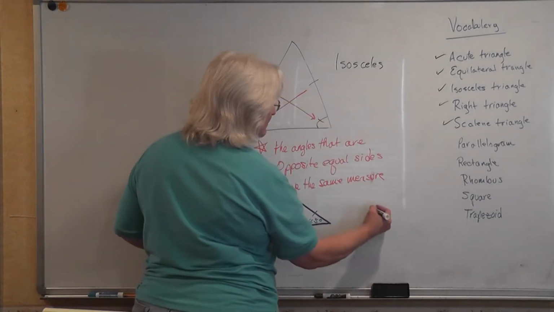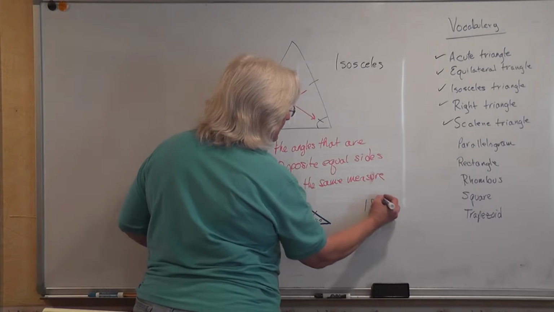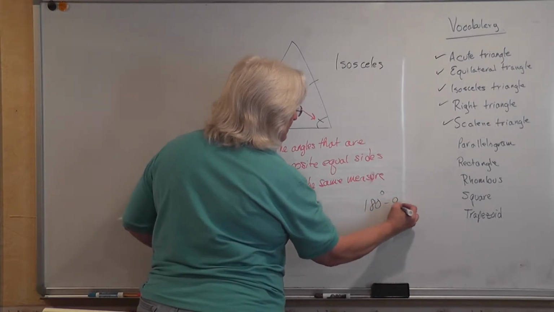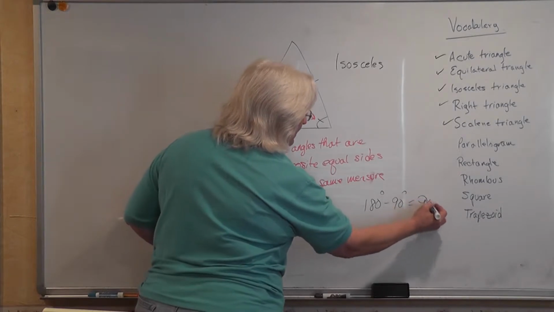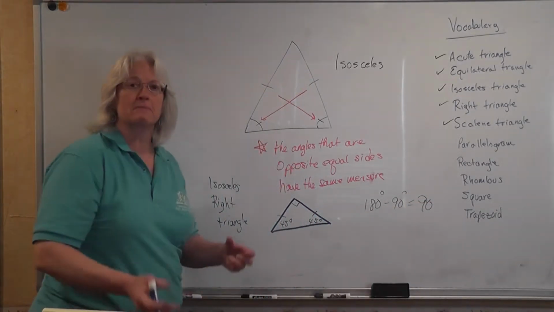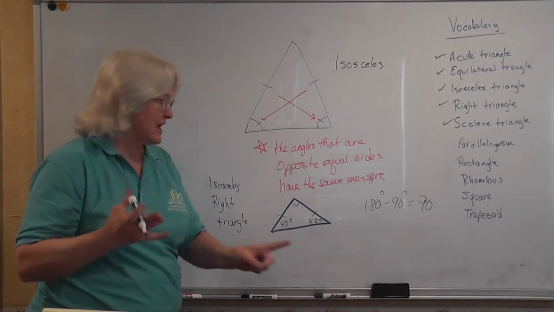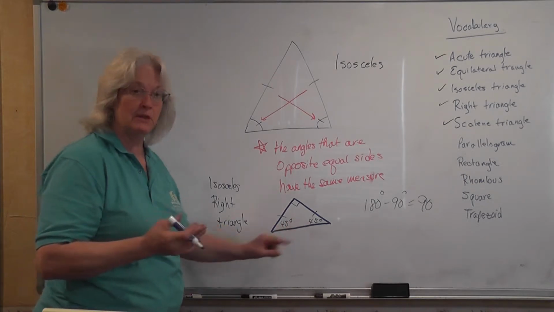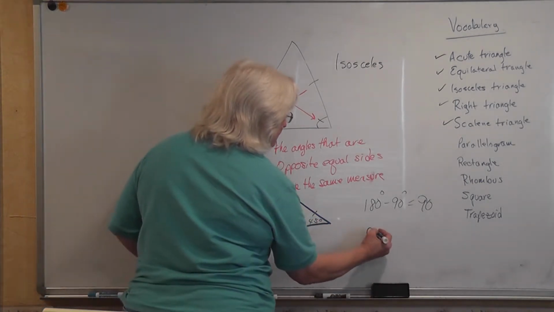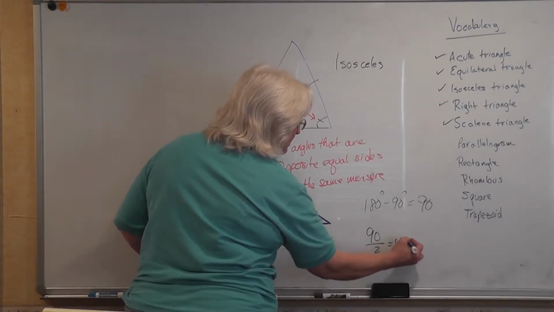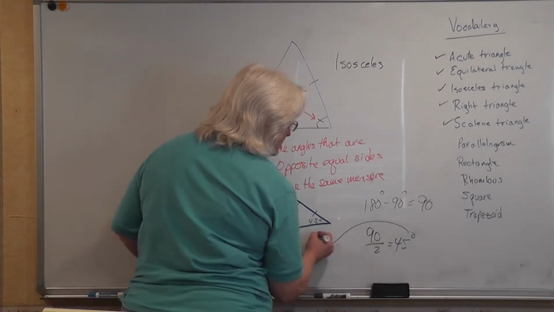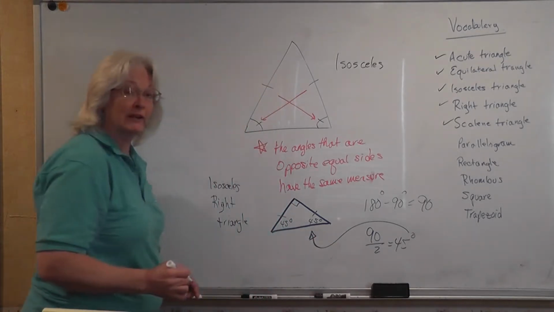So if you have 180 degrees to begin with, and you subtract 90 degrees from that, what do you get left? You have 90 degrees. And if the measure of the angles has to be the same here, you have to divide 90 in half. 90 divided by 2 is 45 degrees.